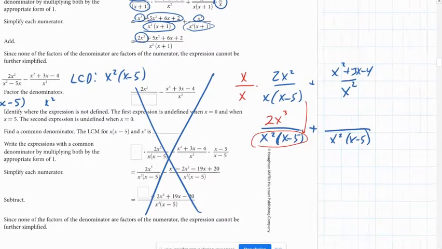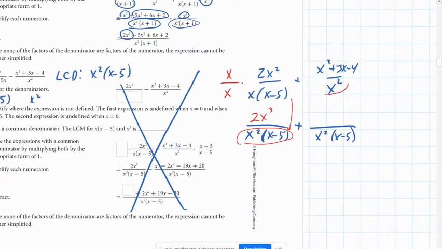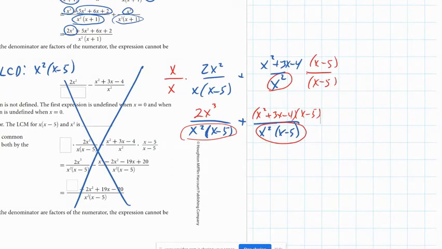Okay, and now let's look at the second fraction. We want to get from this denominator to this denominator. Well, what's missing? What's missing is an x minus 5. And so we need to multiply by that on the top and the bottom. So now I have x squared plus 3x minus 4 times x minus 5 on the top. And now we're ready to add these together. Actually, before we do that, we should do this multiplication.